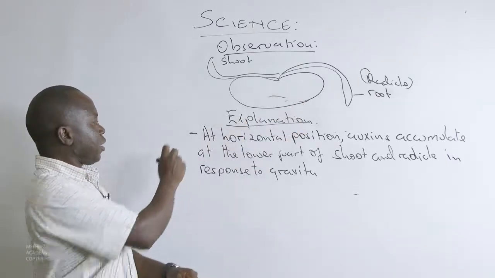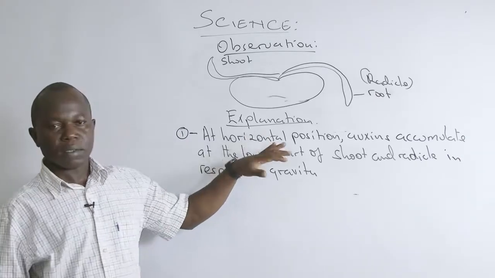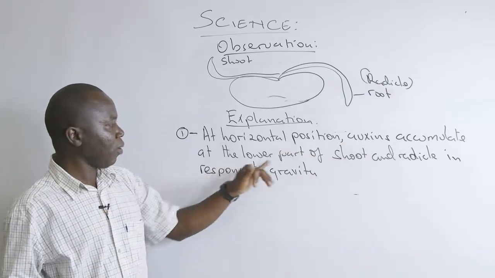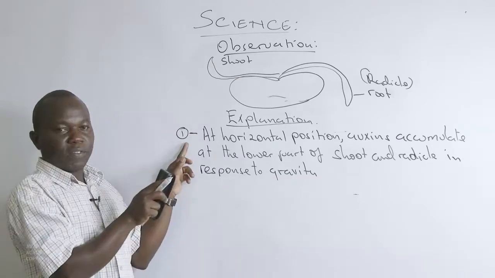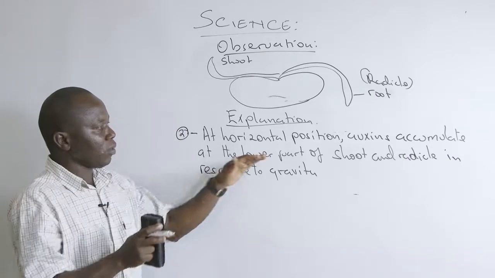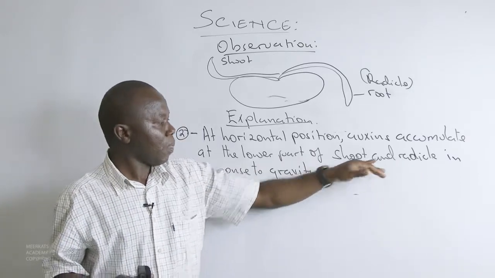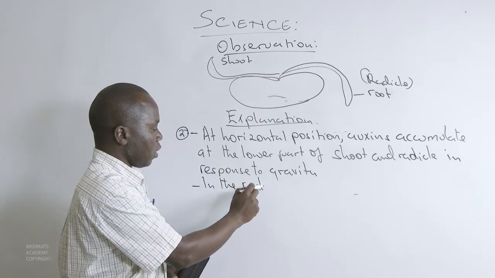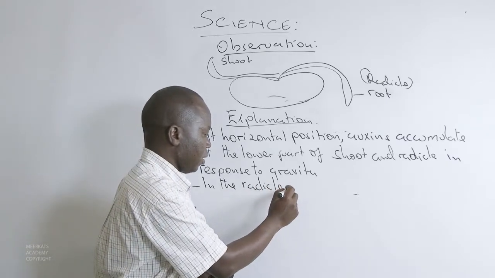So that was for the first observation. For the second observation, we have the same statement. At a horizontal position, auxins accumulate at the lower part of shoot and radical in response to gravity. But in the radical, auxins have an inhibitory effect.